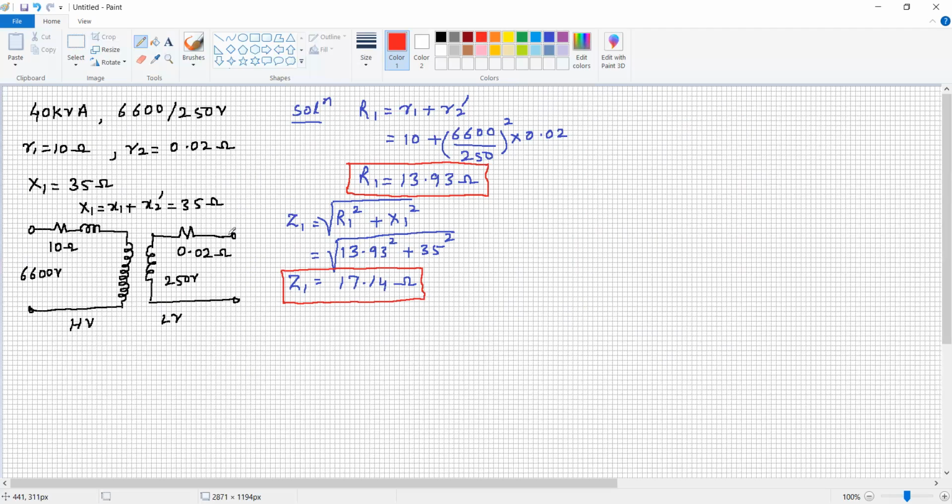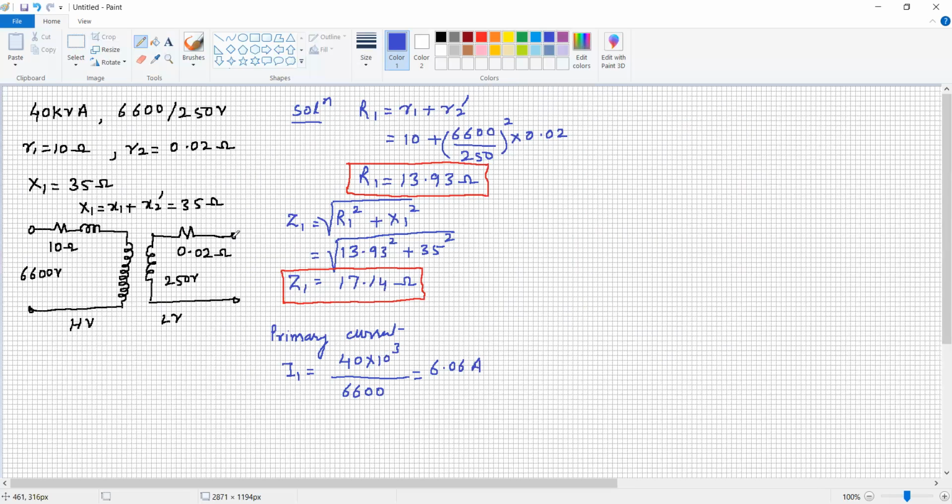Now, primary current I1 is equal to 40 kVA into 10 raised to 3 divided by 6600, which equals 6.06 ampere.